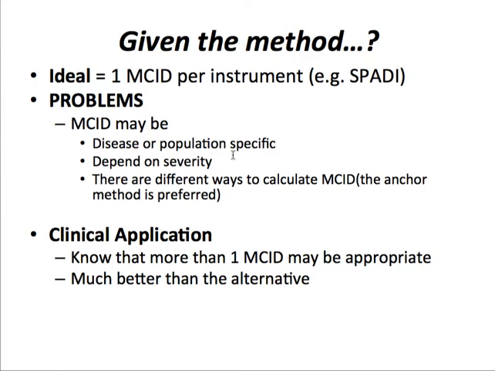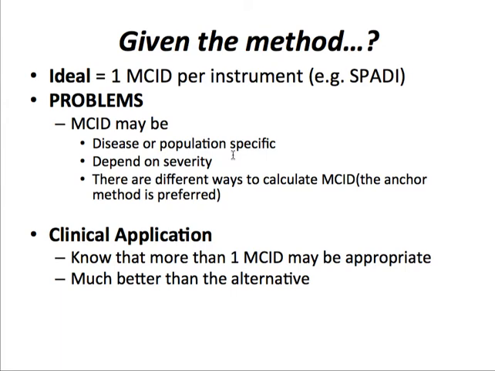And so smaller amounts of change may be more important or relevant to some people than others. And if people are more severe, a smaller amount of change may also be important to them. So there's different issues with determining one MCID for an instrument.